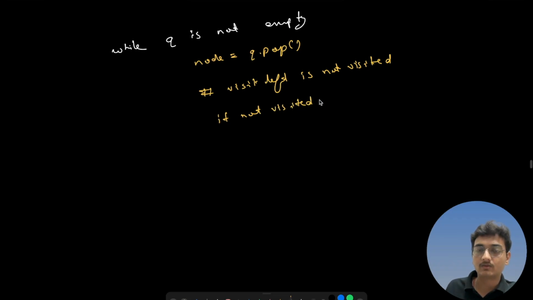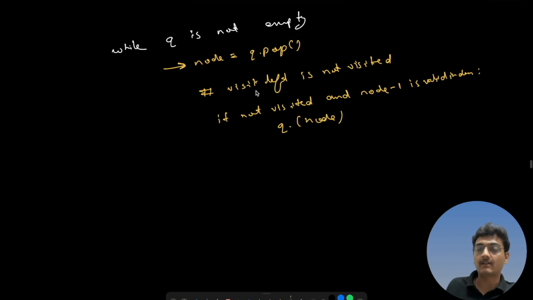This is pseudocode. Please remember this node is my index. If node minus one is a valid index, then what do I need to do? I need to visit it. How will I visit it? First of all, I will put it in the queue, so that next time it gets traversed.